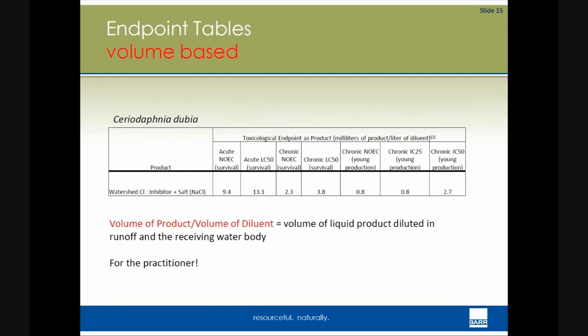I think if you replicate the toxicity work that I did for whatever future product you look at, the best way to look at it is milliliters of product per liter of diluent. I have slide 15 up here: how many milliliters of Watershed CL, if you have more than 9.4 milliliters per liter of receiving water, will it start to have toxic effects in the receiving water? I think Ceriodaphnia dubia is one of the most sensitive out there.